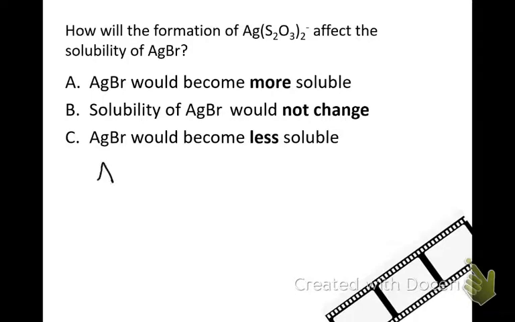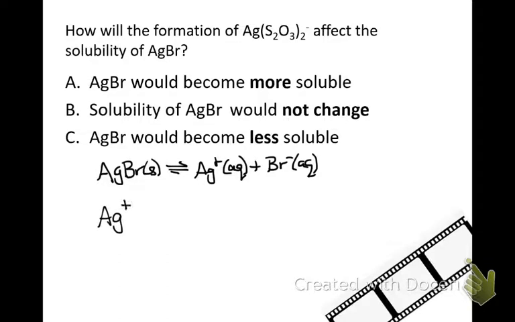So if we have the Ksp reaction for silver bromide, AgBr solid becomes silver plus Br minus. And then if we also have the formation of a complex ion, where we have Ag plus and 2 thiosulfates, that's going to form a complex ion.